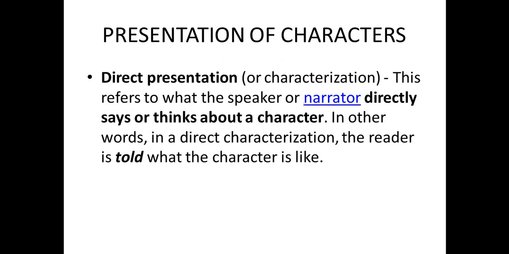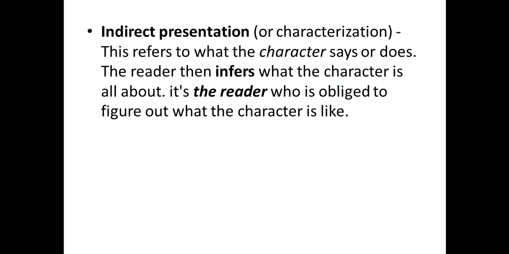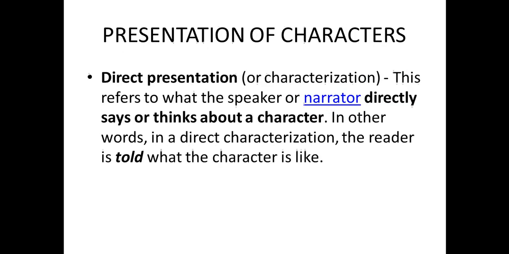Now, how are characters presented? Characters are presented through direct presentation or indirect presentation. Direct presentation refers to what the speaker in a poem or a narrator in a novel directly says or thinks about a character.